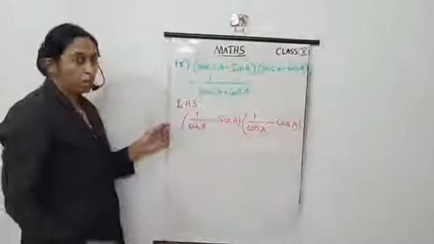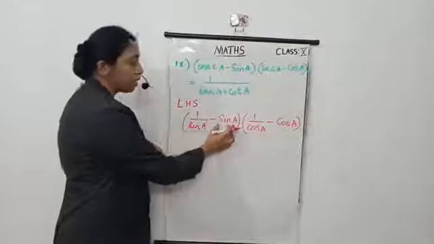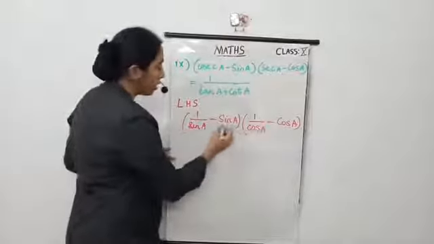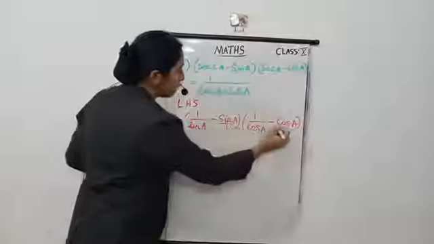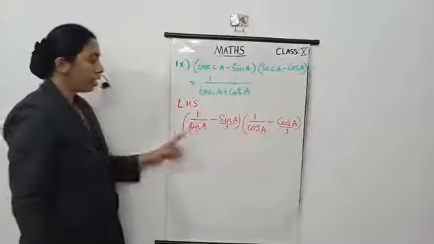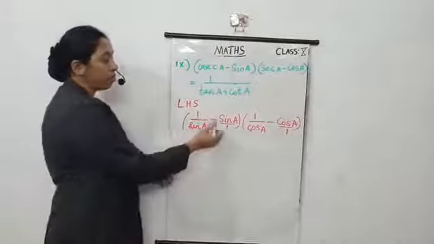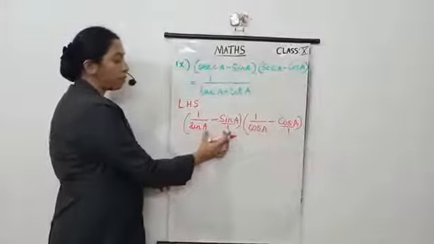Now here is one fraction minus another number. Here consider this number as 1 by 1. Now cross multiply the denominator and numerator and multiply the numerators.